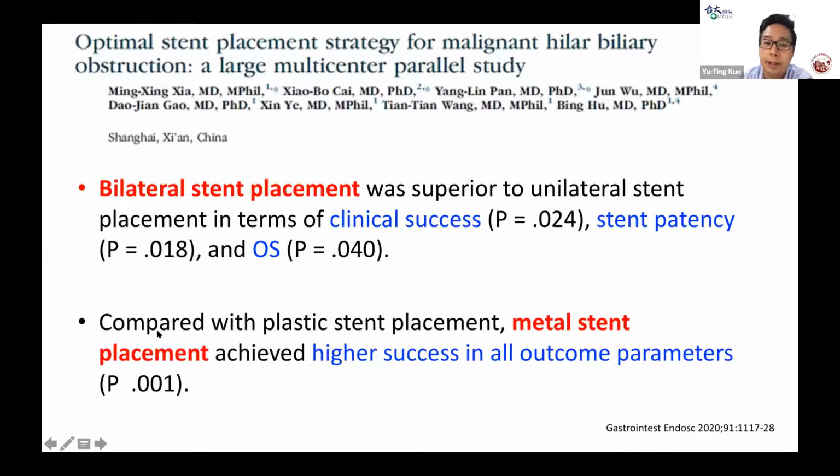And if you place metal stents, bilateral metal stents had the best outcomes compared to bilateral plastic stents.